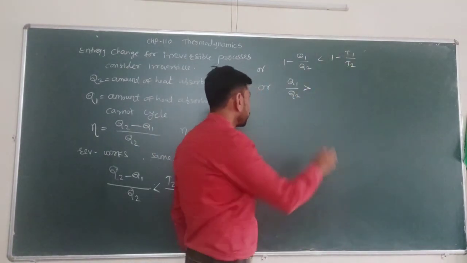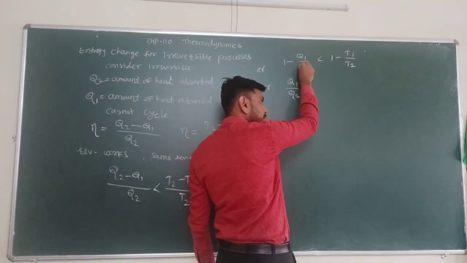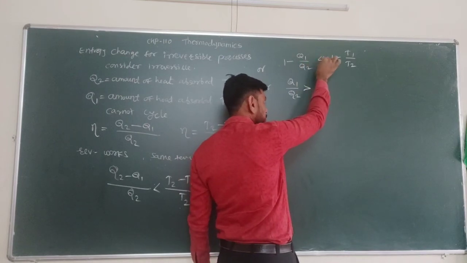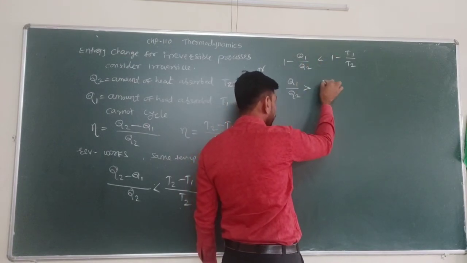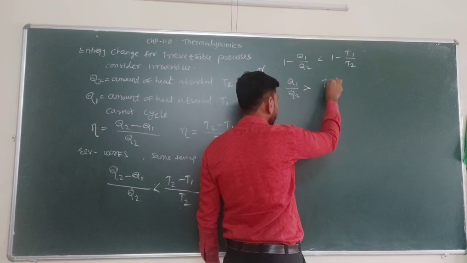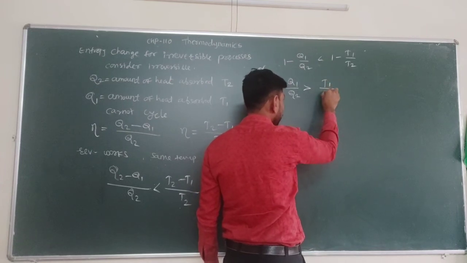So for this purpose, this quantity must be larger. In order to obtain this equation, Q1 upon Q2 is greater than T1 upon T2.